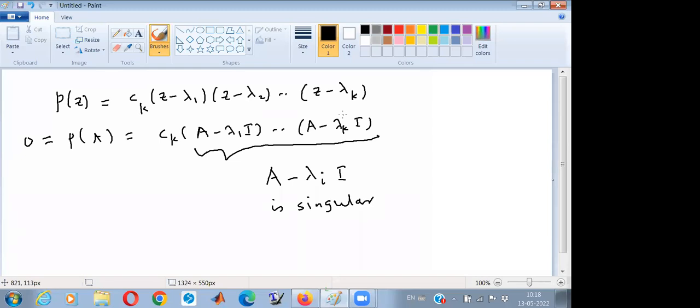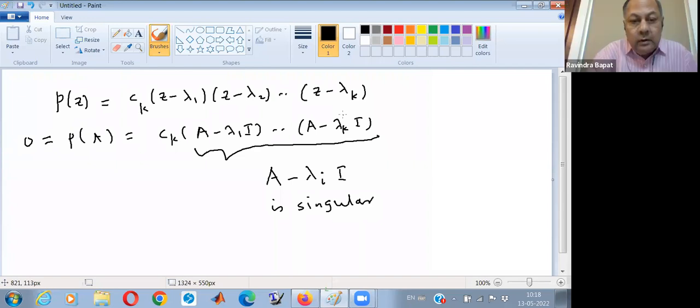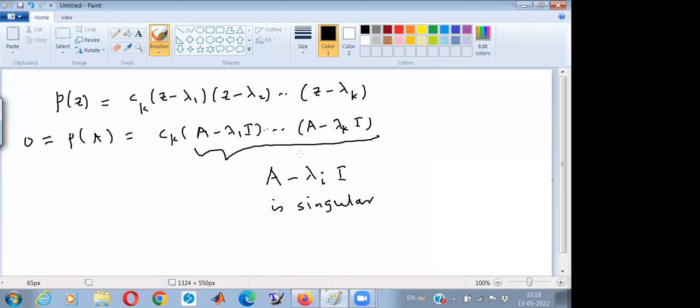So here, all the roots of the annihilating polynomial will be eigenvalues for A. No, that was a mistake I said earlier. Not all the roots. One of the roots, if you look at all the roots, one of them will be an eigenvalue, at least one, because the product is 0. So one of them must be singular.